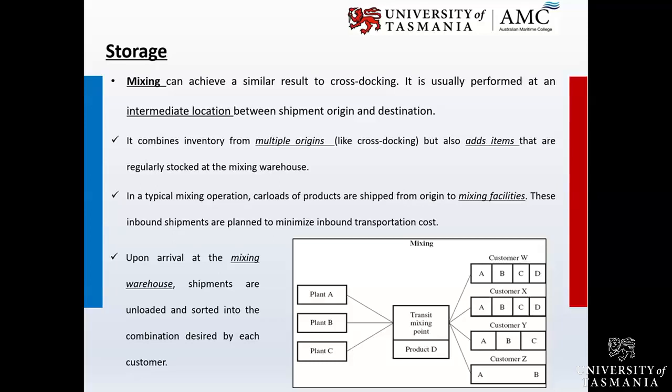So we look at customer W. Customer W requests 4 products, A, B, C, D, and products A, B, C are shipped from plants A, B, C, and D is added from the mixing warehouse. So this is the difference between cross-docking and mixing functions.